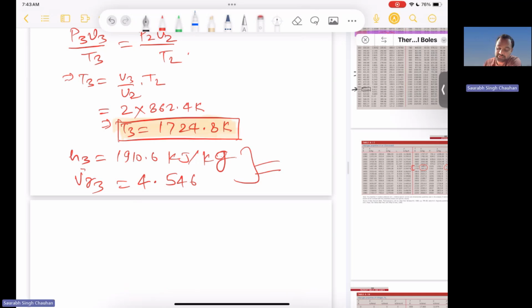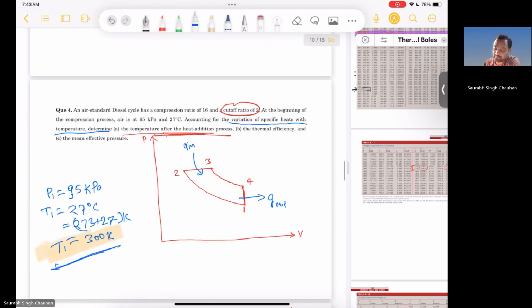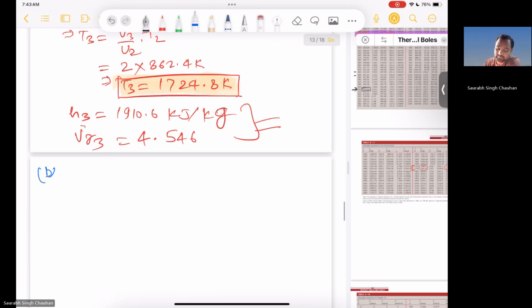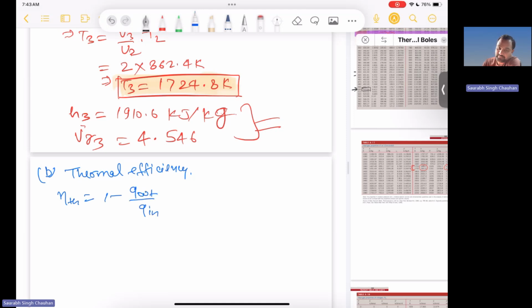Now come to the next question. The thermal efficiency. Thermal efficiency is given by 1 minus Q out by Q in, right?